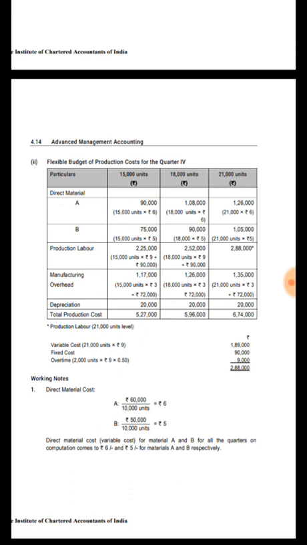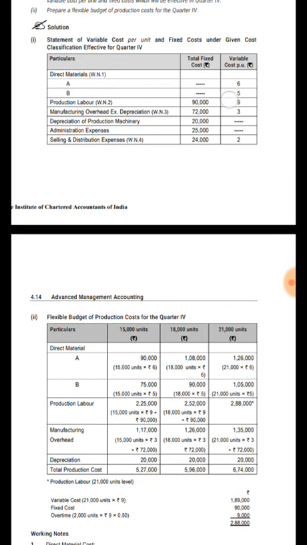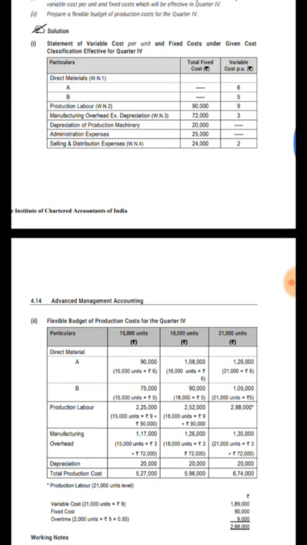We take all the figures from this table. Direct material A: 15,000 into 6, 18,000 into 6, 21,000 into 6. Direct material B: 15,000 into 5, 18,000 into 5, 21,000 into 5.